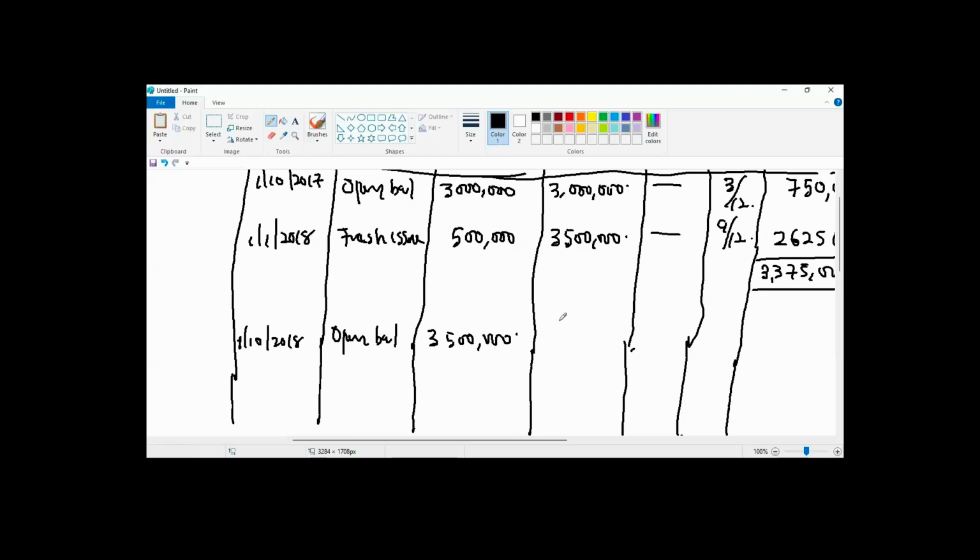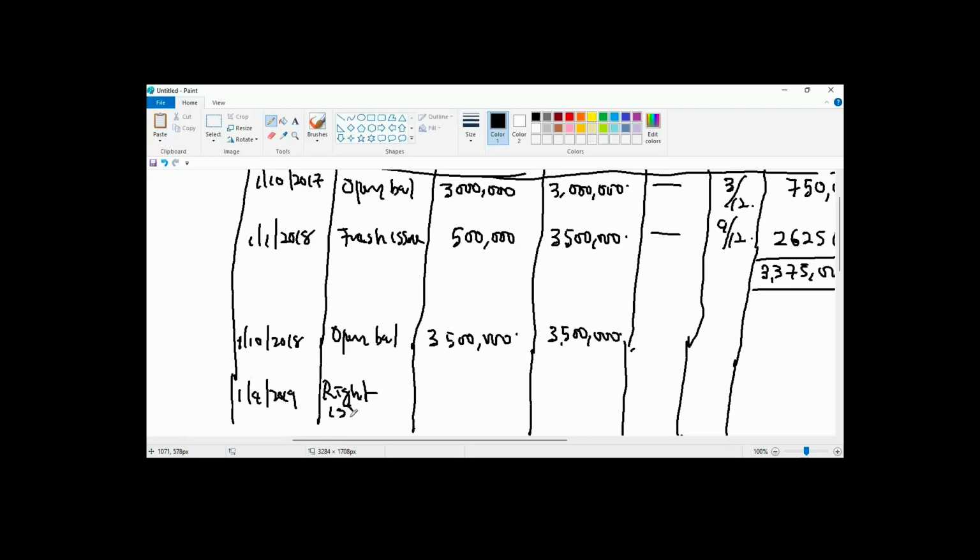Total will be 3.5. I will now say, which day do we do the rights issue? No time limit, also made the rights issue on 1st April 2019.